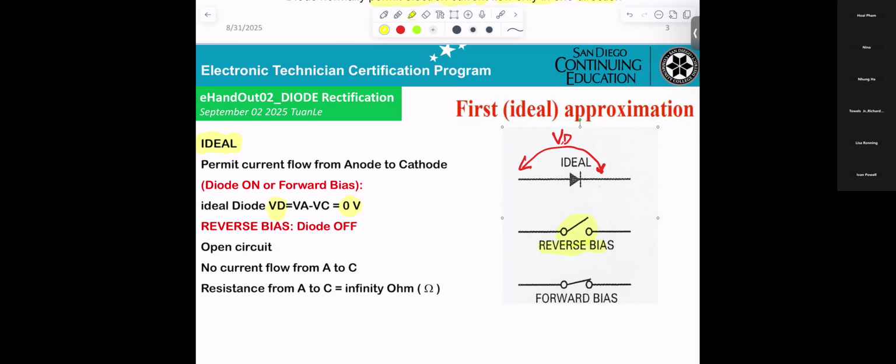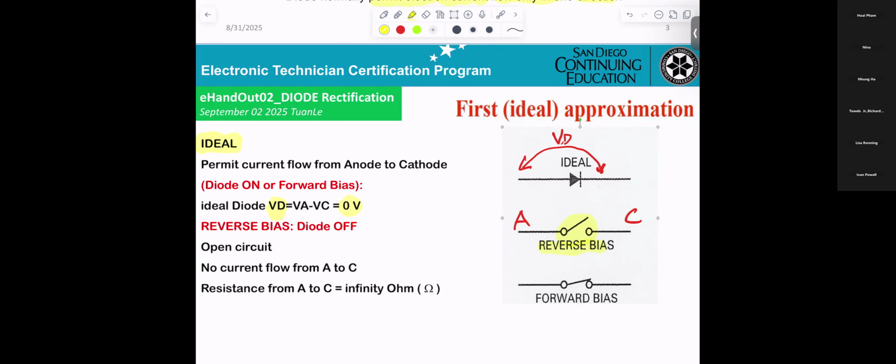They're telling you one thing, no current can flow from A to C. That will be A, that will be C. That will be diode off, and that will be open.